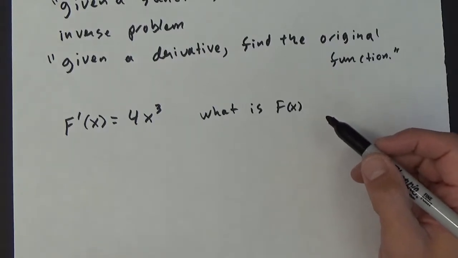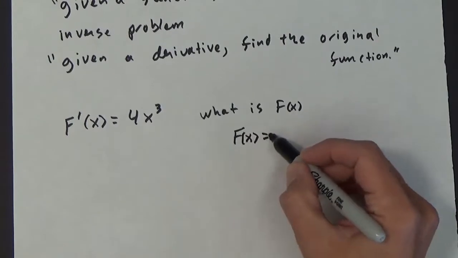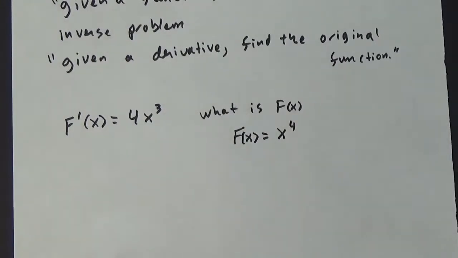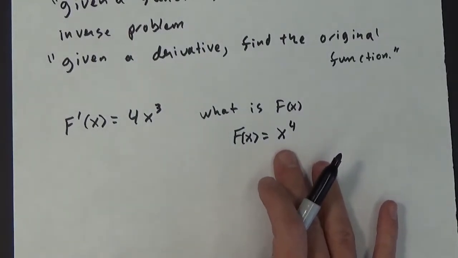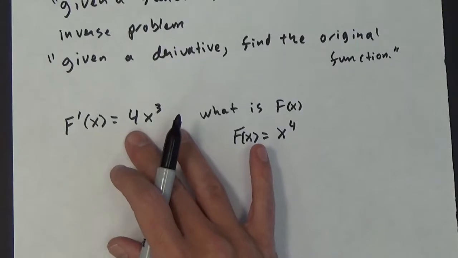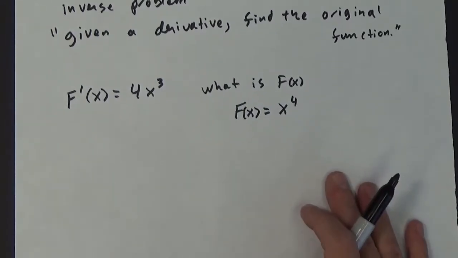If you think about it, you'd realize, well, let's say f of x was x to the fourth. And that would make sense. So the derivative of x to the fourth is 4x cubed.